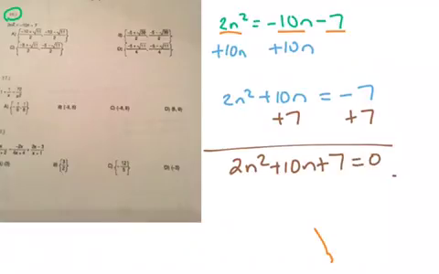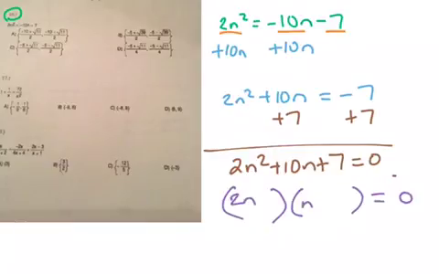The next thing you want to try to do, even if the question says solve using the quadratic formula or whatever, is to factor if you can. Because one, factoring is a method we've spent most of the semester doing, and two, it's easier.